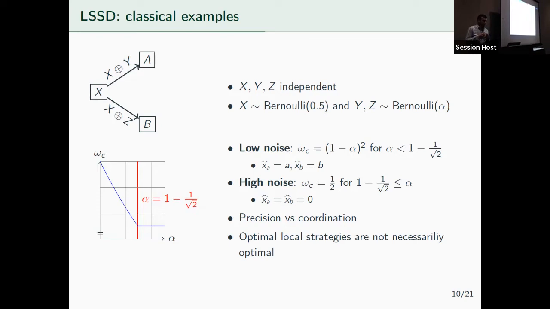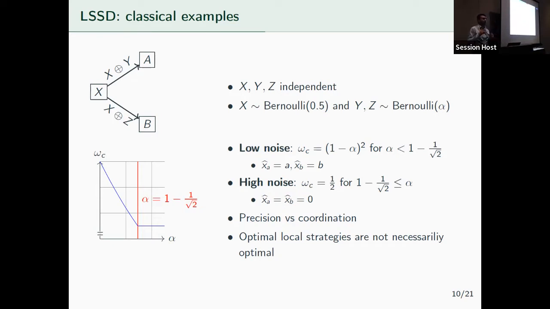The probability of winning would be 1 minus alpha square in this case. But when alpha is greater than 1 minus 1 over square root of 2, then 1 minus alpha square would be less than 1/2, and they can always achieve 1/2 by outputting a fixed value, for example, 0 or 1. So in this case, we actually have 2 regimes.